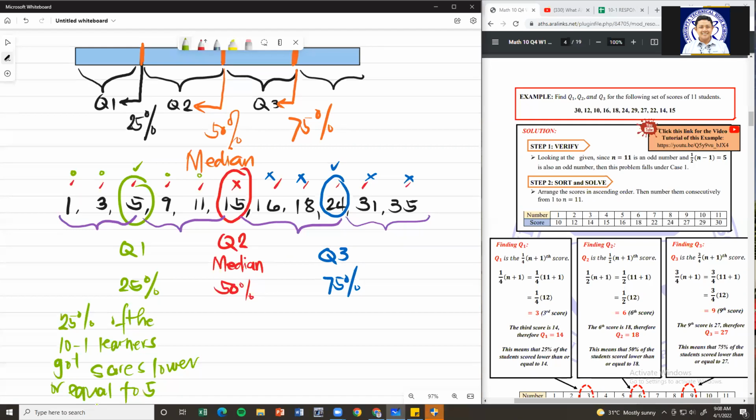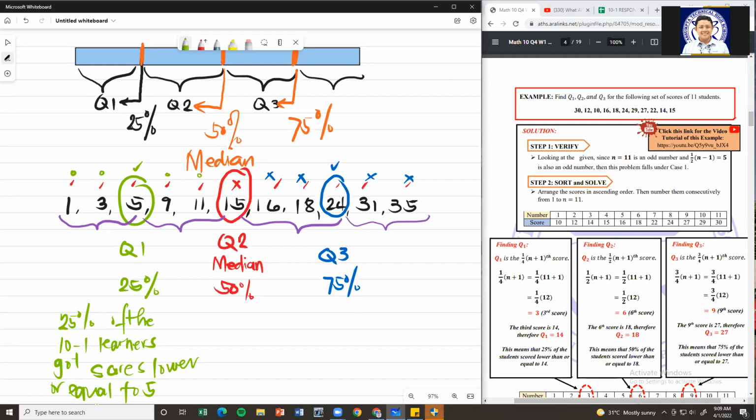So it simply means that if your score is 5 or below 5, you belong to the lower 25% of the class. That's how we interpret that.